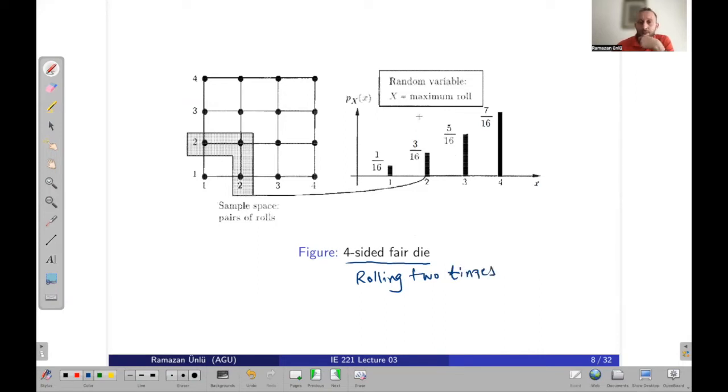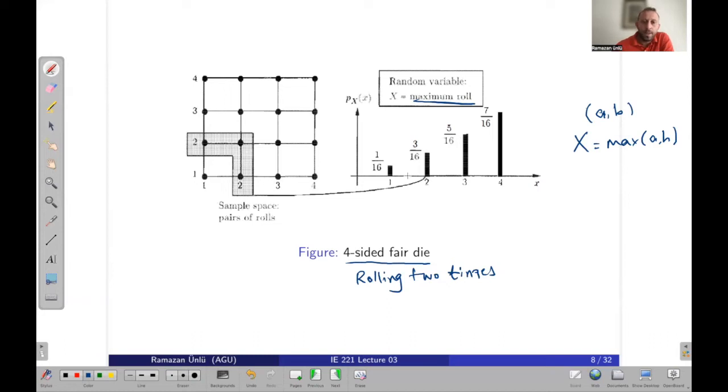My random variable will be the maximum roll. When I roll 2 times, I will get a pair like A and B, and X will be equal to the max of A and B.